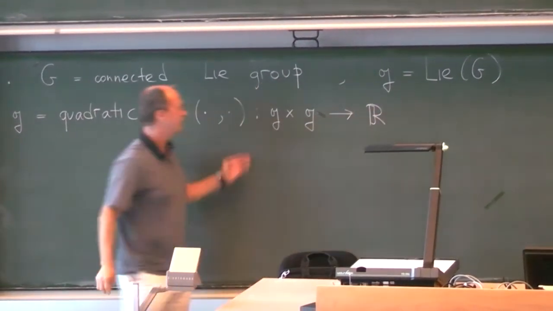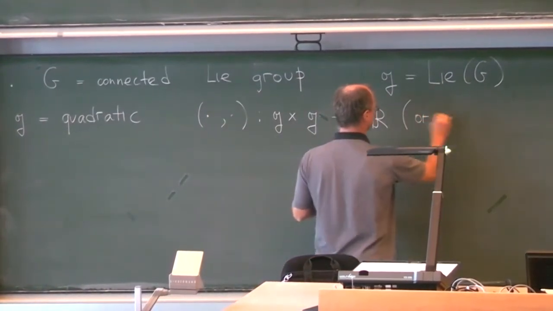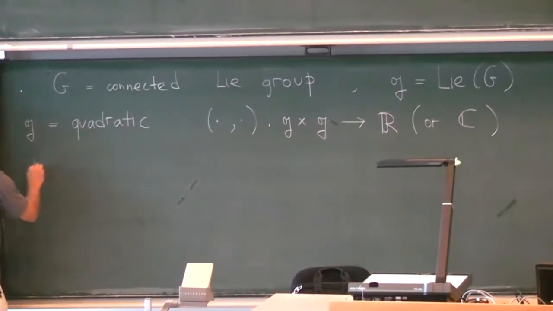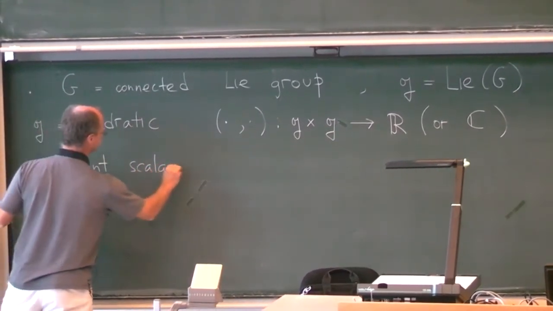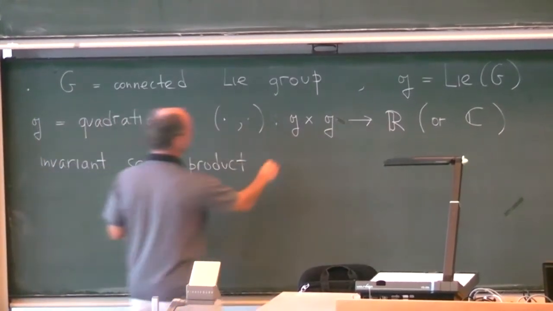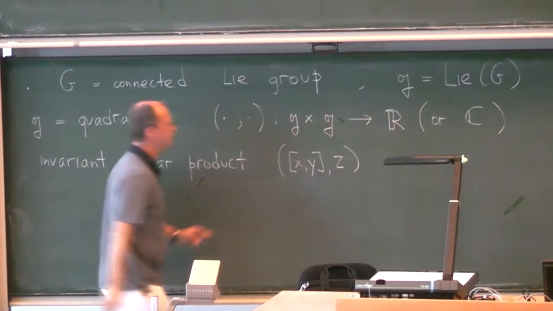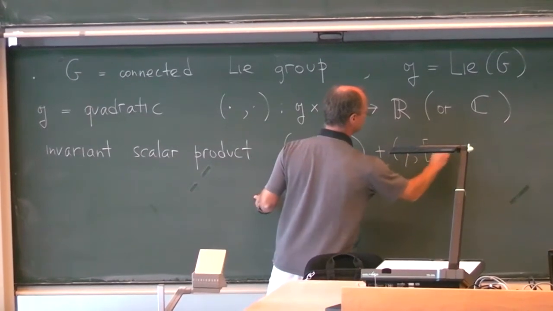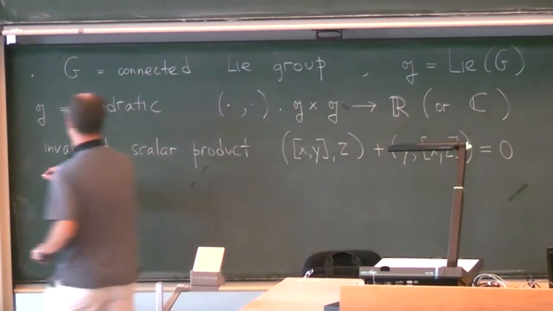Here I write it with values in R, but if the Lie algebra is complex valued, then of course it will take values in C. So this is an invariant scalar product, and invariance means that the bracket of x, y paired with z plus the bracket of y, z paired with x is equal to 0.